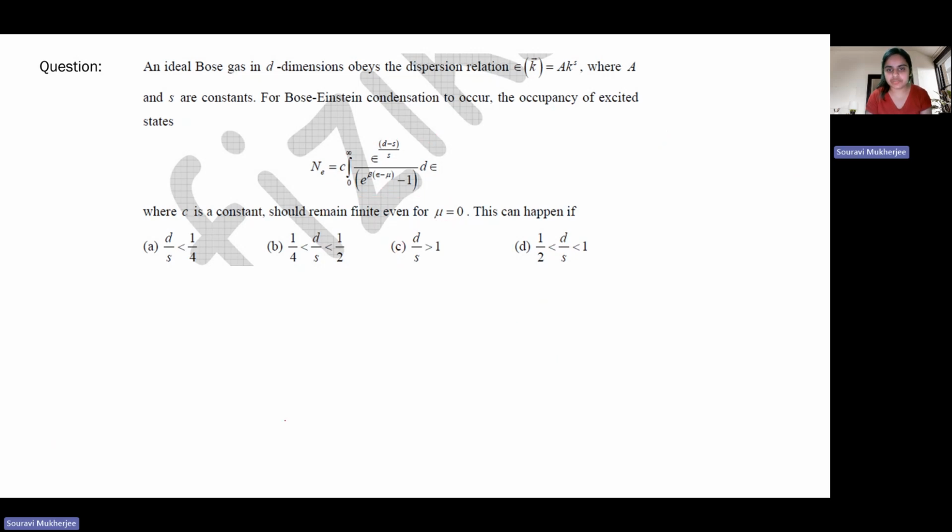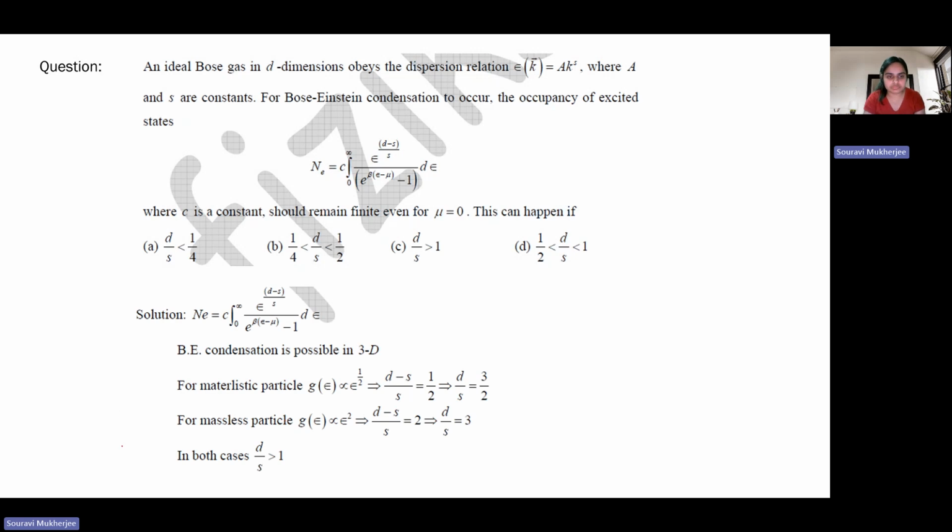Now you can also cross-check it with the results that we found initially. We know that Bose-Einstein condensation is possible in 3 dimensions for massive particles, materialistic particles which have defined mass. We know that the density of states g goes as epsilon to the power half.